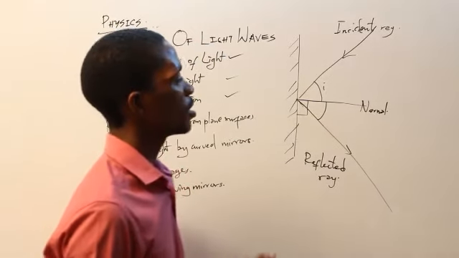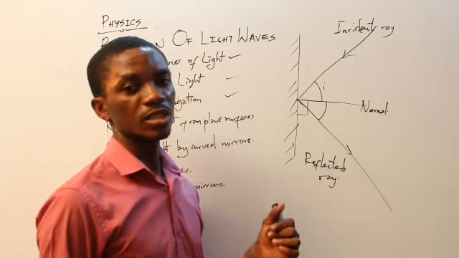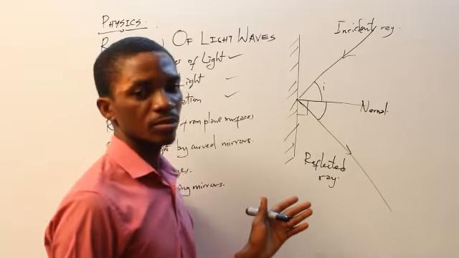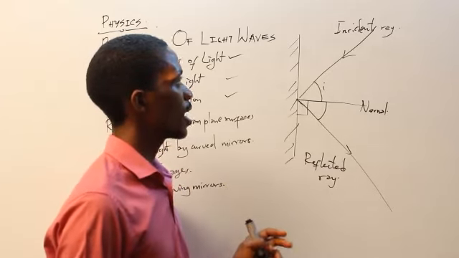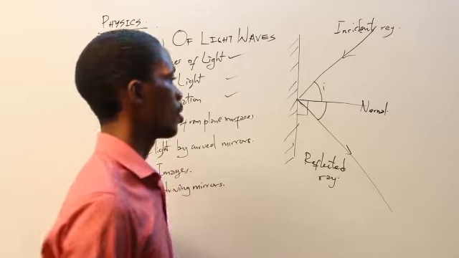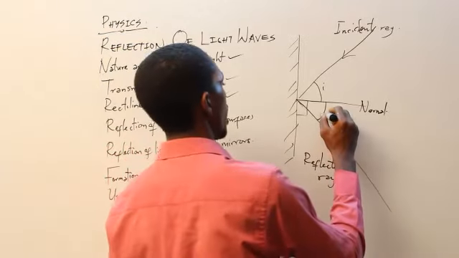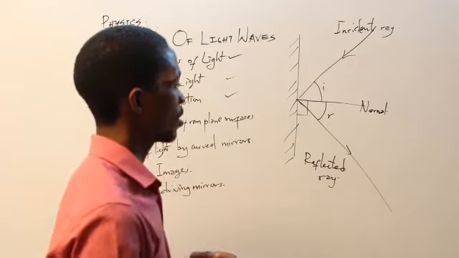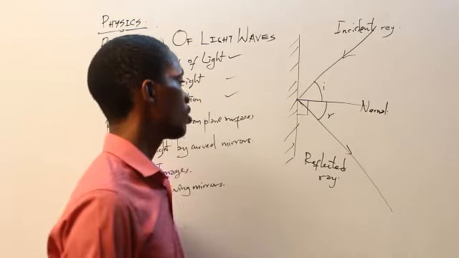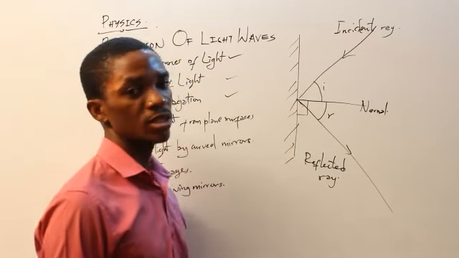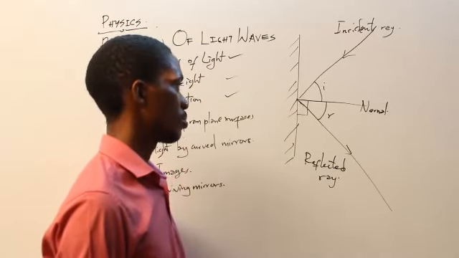Incident angle is the angle the incident ray makes with the normal, while R is the reflected angle, which is the angle the reflected ray makes with the normal.